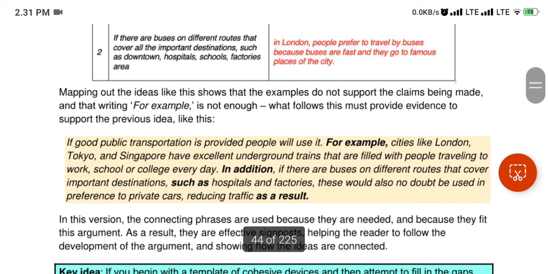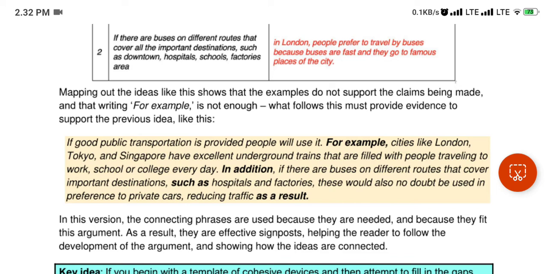Mapping out the ideas like this shows that the examples do not support the claims being made, and that writing "for example" is not enough. What follows should provide evidence to support the previous idea, like this. If good public transportation is provided, people will use it.